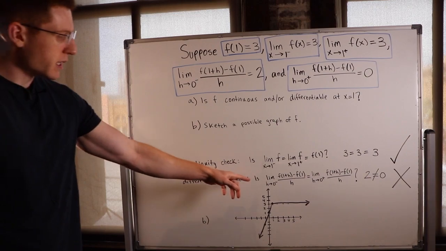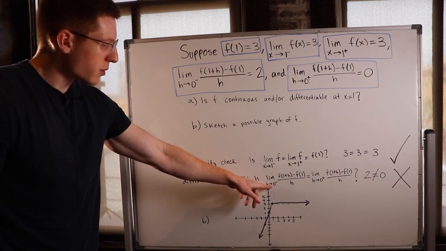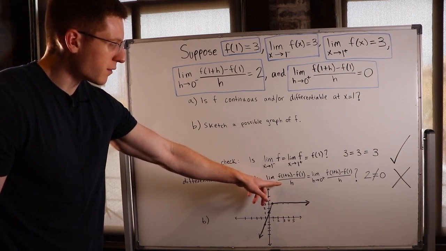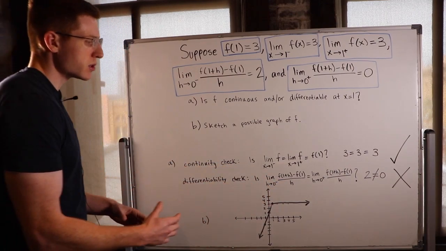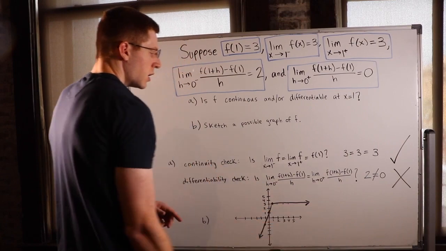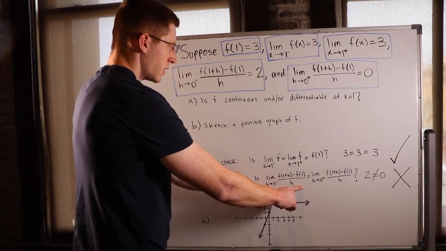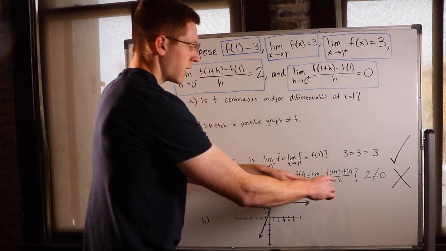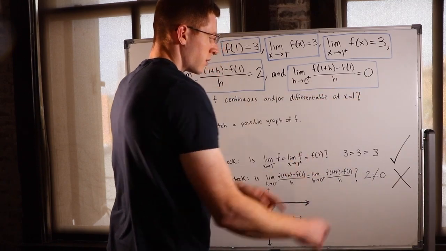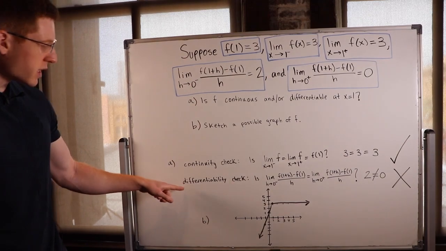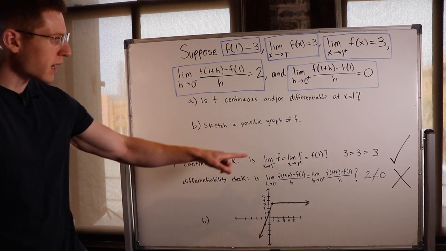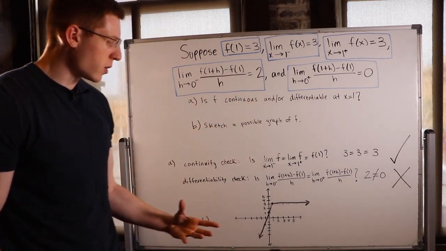So we see, is the limit as h approaches 0 from the negative side of the definition of the derivative at point a is 1, equal to the same from the right side? Well, they told us this was 2 and this was 0. So 2 does not equal 0, right? So we know the function is not differentiable at x equals 1 or at a equals 1.